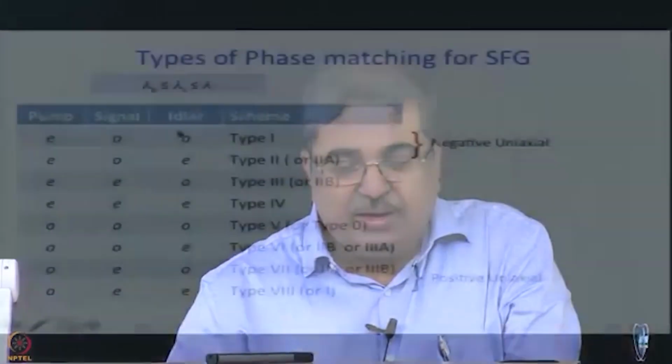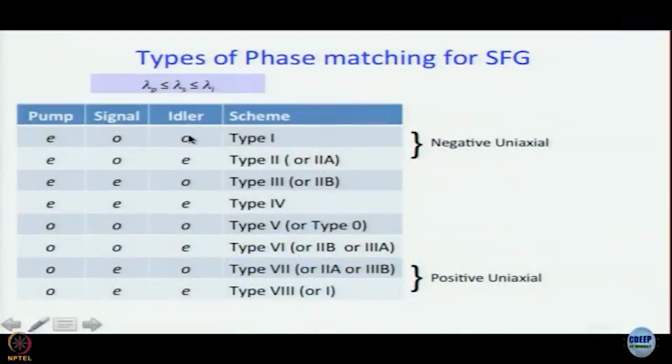Pump means some frequency or second harmonic that is being produced. So, what this means is that if you have a signal with 0 degrees polarization and idler with 0 degree polarization, they are going to give you the some frequency which will have polarization at 90 degrees.